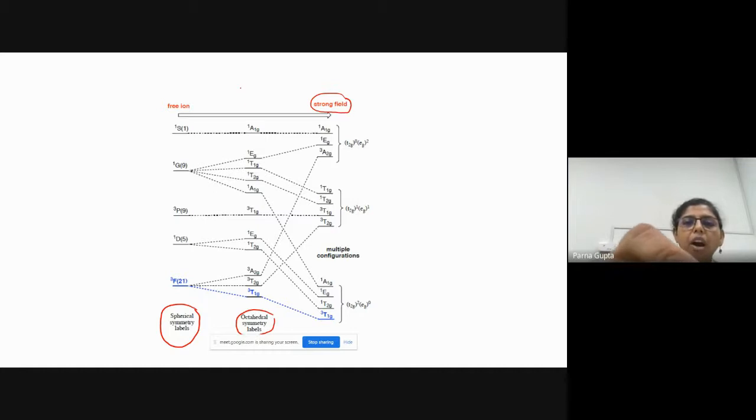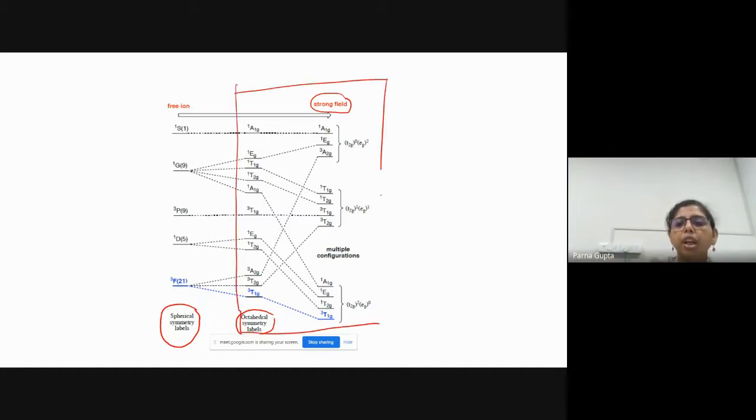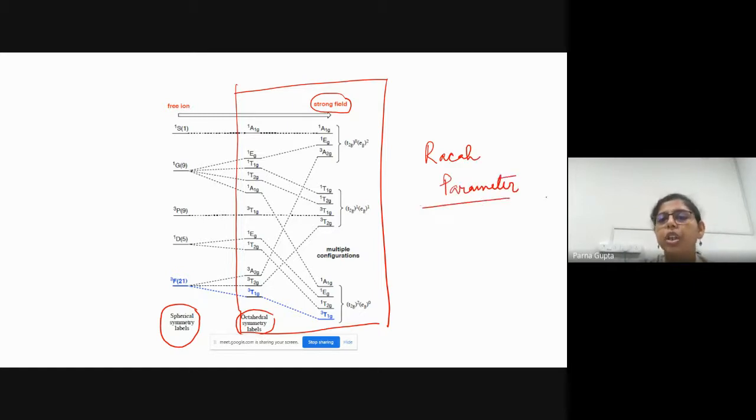And this part is with the field, I mean with the B not taken care of here, because with the B it will change a little bit, which I shall explain clearly in the next class. Here, without taking the nephelauxetic effect, I have not told you the nephelauxetic effect, so I shall not tell you the term. Next day we shall explain it.